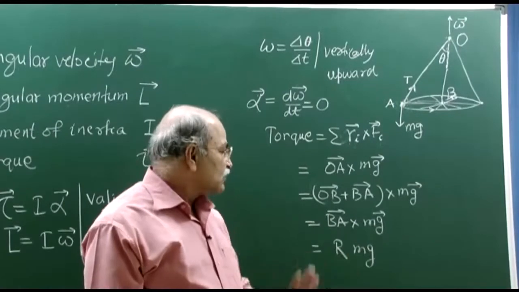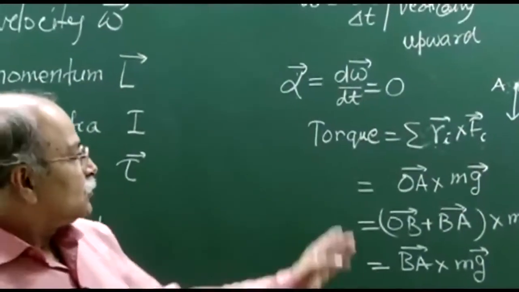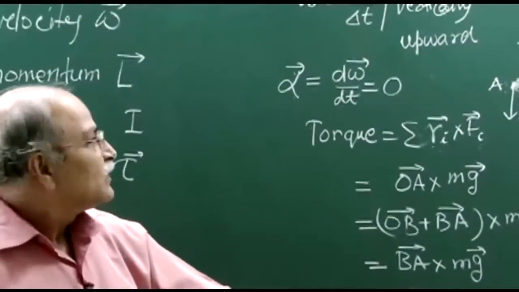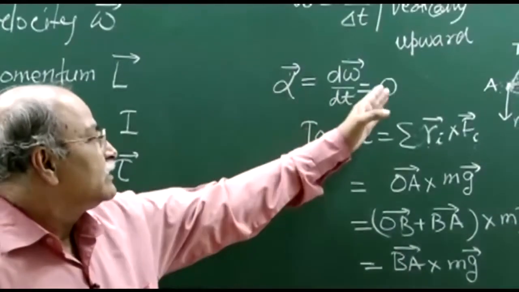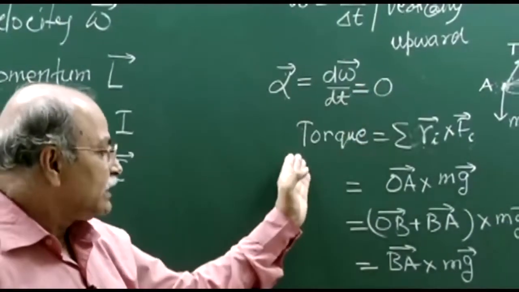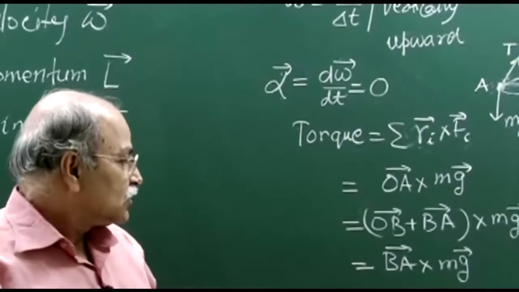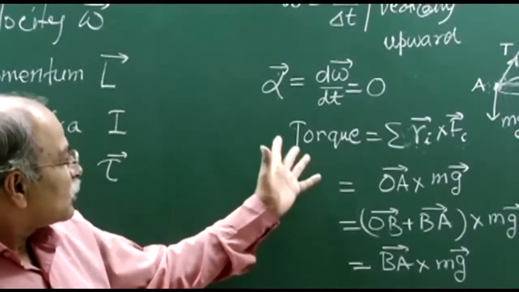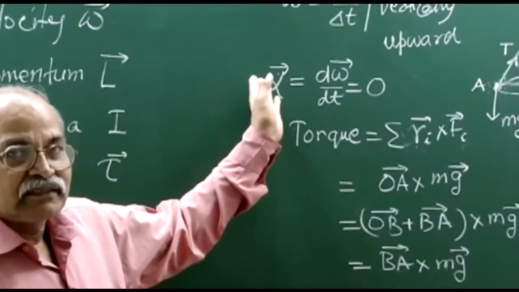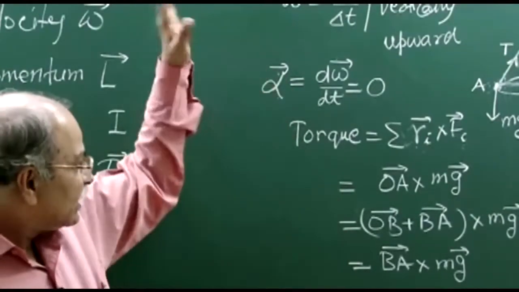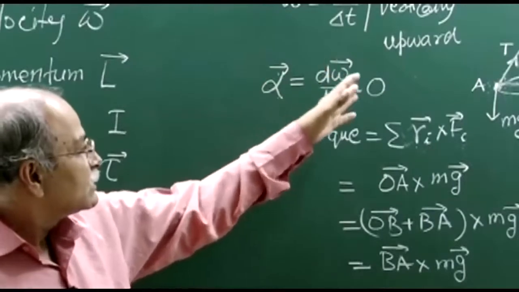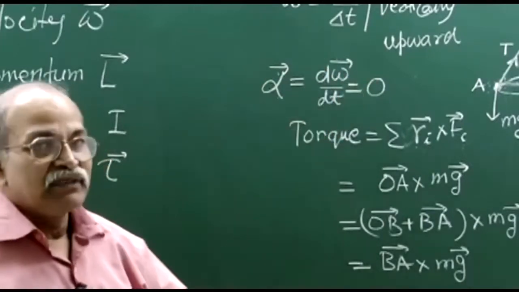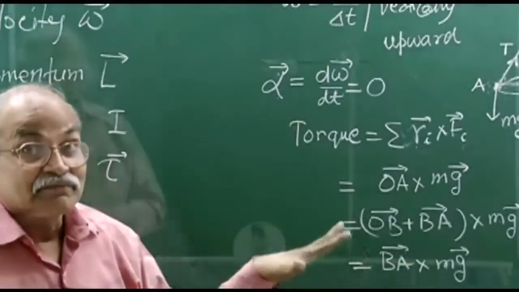So, this is the magnitude. And so, you see that the torque is not 0, the angular acceleration is 0, but the torque is not 0. So, it is not always true that torque produces angular acceleration, torque is equal to I alpha and all those. If alpha is 0, torque should be 0. It is not always true.